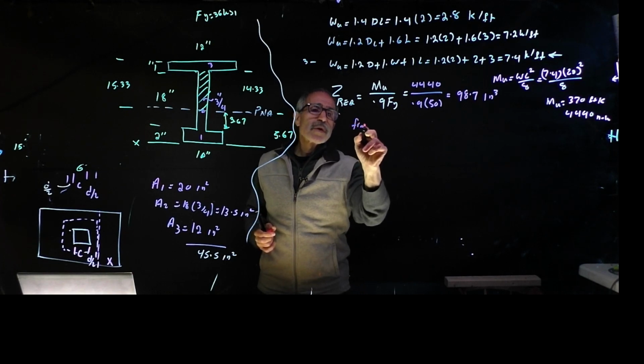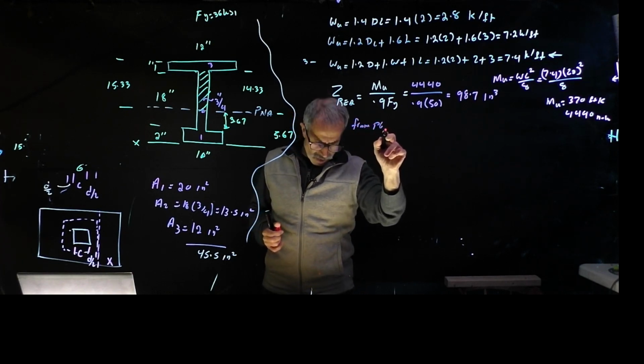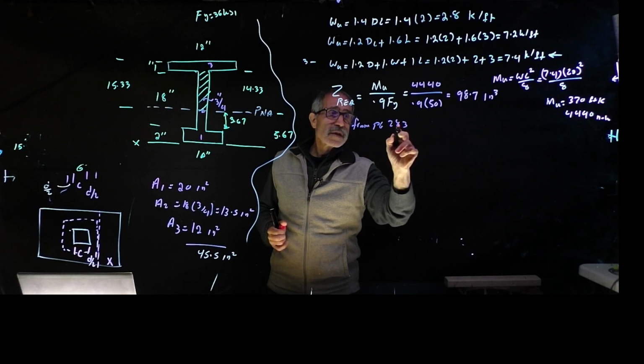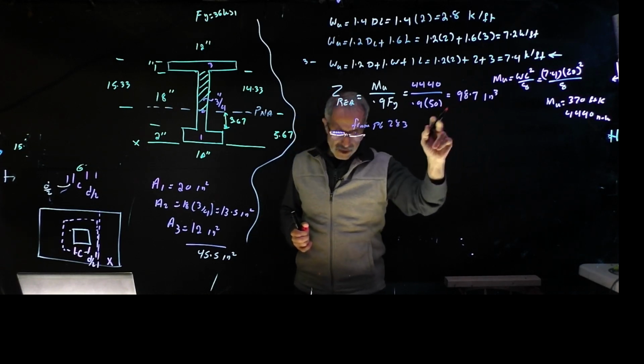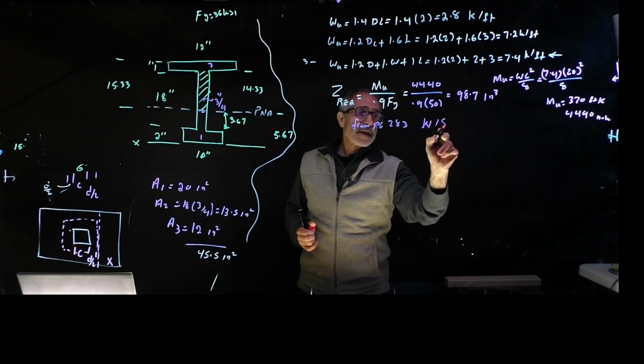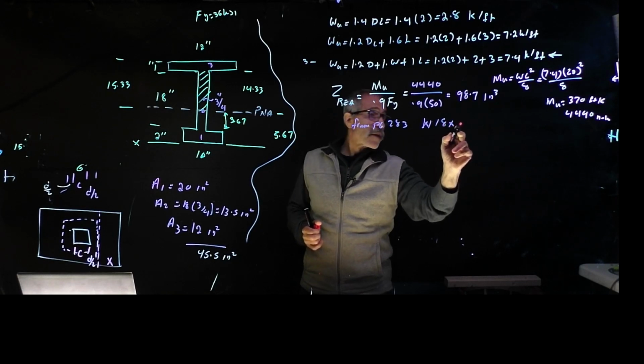So from your handbook, I think it's page 283, this will give us a W18x50.